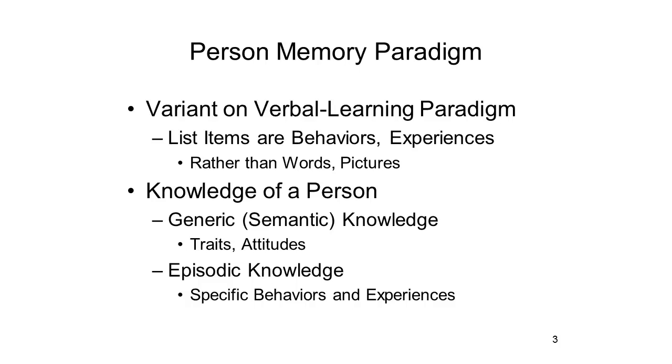In the person memory experiment, subjects study and are asked to remember information about specific individuals. We present them first with some generic or semantic information about the individual's general traits and attitudes, and then we present the subject with some episodic information about specific behaviors and experiences that the individual has engaged in or had.